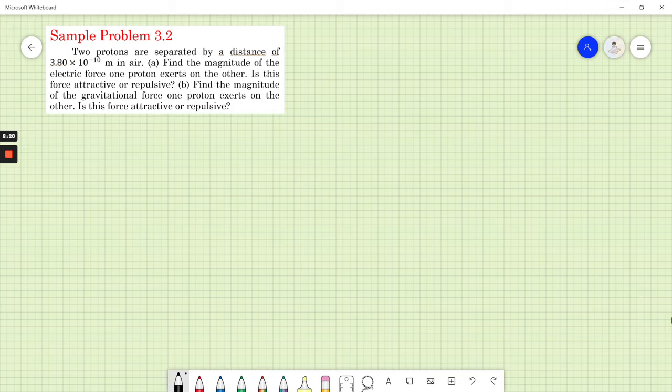solve this, let's write our given. So first, our given is we have two protons. What that means is we have two Q's, Q1 and Q2, but they're both protons.